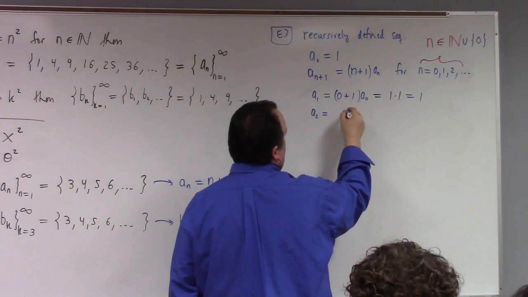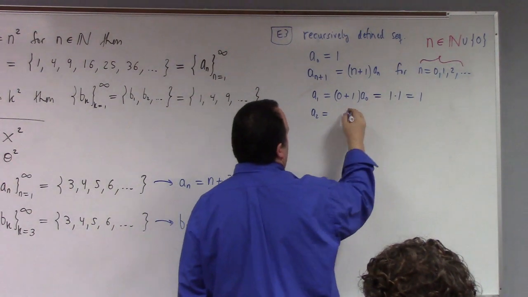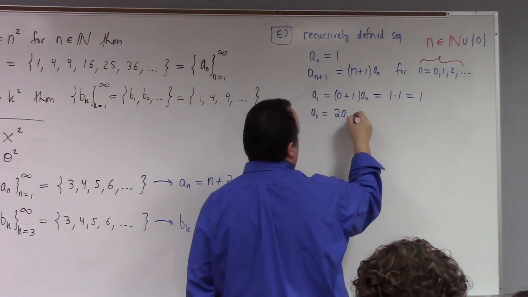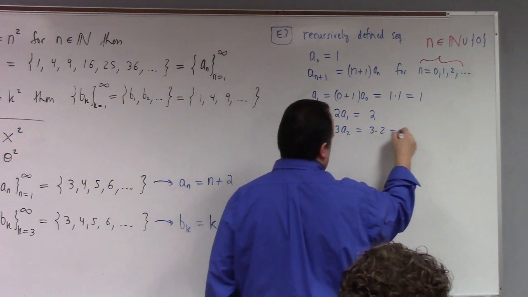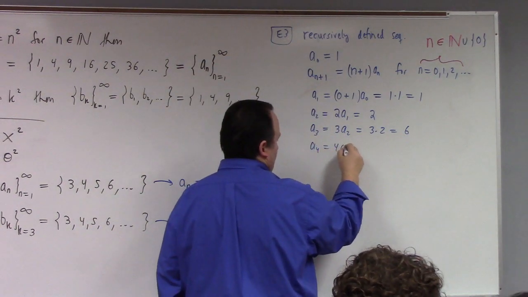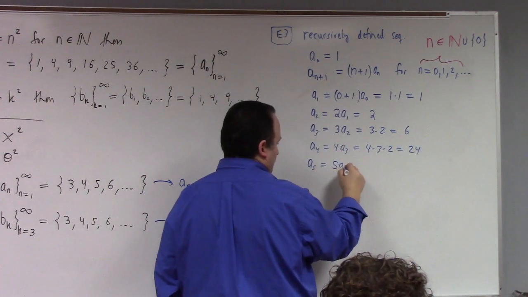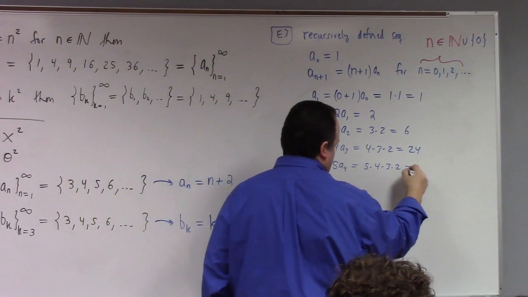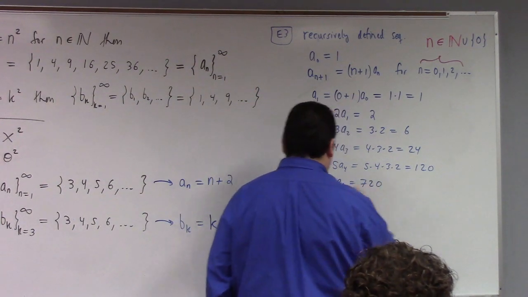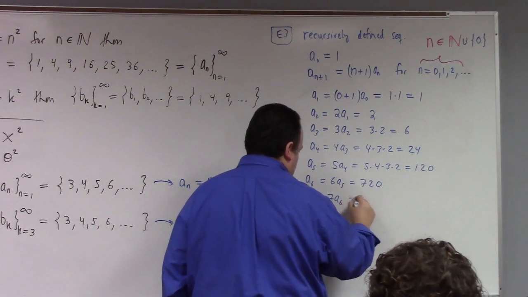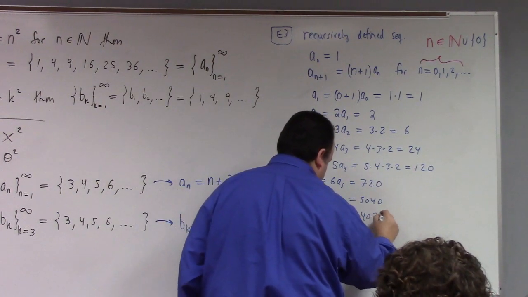We get 2 times a1, which is 2. a3 is 3 times a2, which is 3 times 2, which is 6, right? a4 is 4 times a3, which is 4 times 3 times 2, which is 24. a5 is 5 times a4, which is 5 times 4 times 3 times 2, which is 120. a6 is 6 times a5, which is 720. a7 is 7 times a6, which is 5040. a8 is 8 times a7, which is 40,320. Okay, that's all I know.